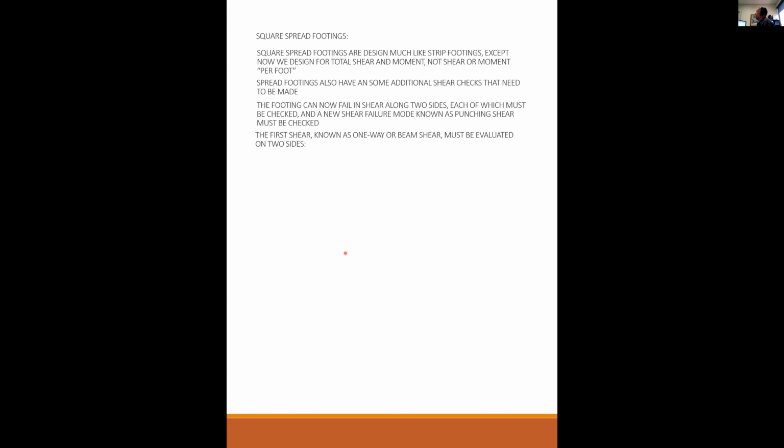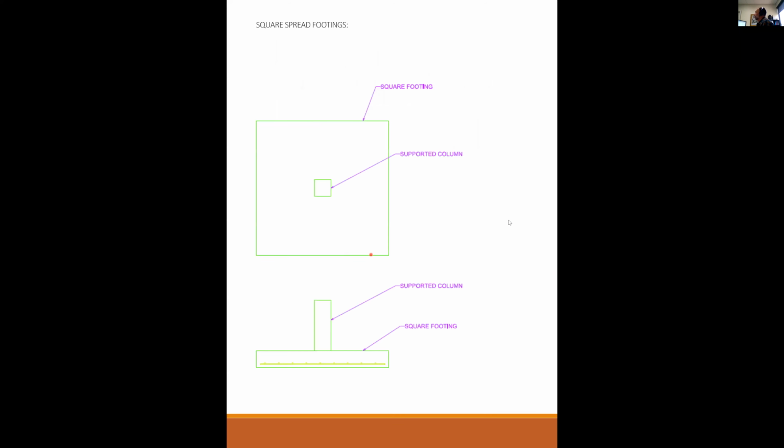The first shear, known as one-way shear or beam shear, must be evaluated on 2 sides. Okay, so here's a square footing. Here's our column that's being supported in the middle. Here's a side view of the same footing. There's your main flexural reinforcement at the bottom of that footing with 3 inches of cover to the bottom, 3 inches of cover to the side. Notice that one layer of steel is going east-west, the other layer of steel is going north-south.